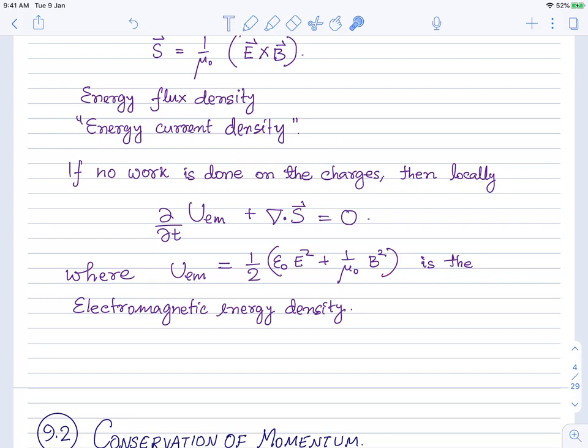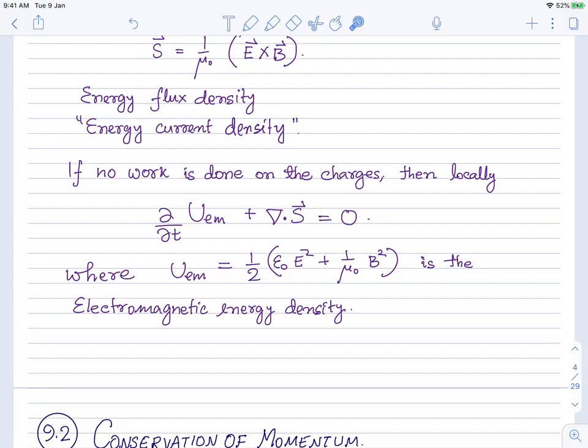But that expression is more general than just a combination of electrostatics and magnetostatics. Even in a dynamical situation, as we have seen here, the energy density is given by half of E squared plus B squared, and we can use that in any dynamical situation and get the right results out of it.